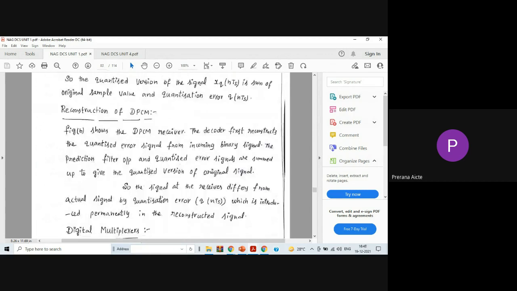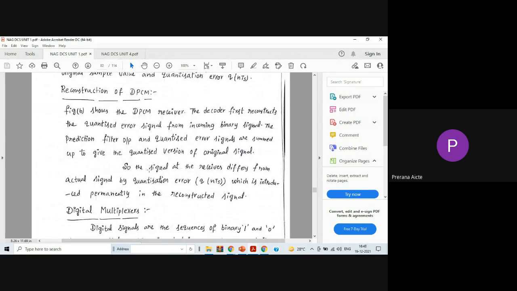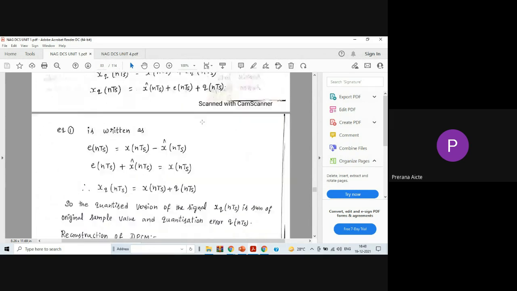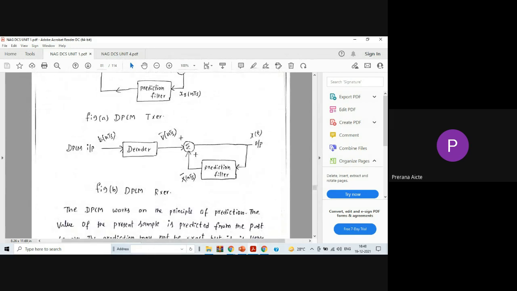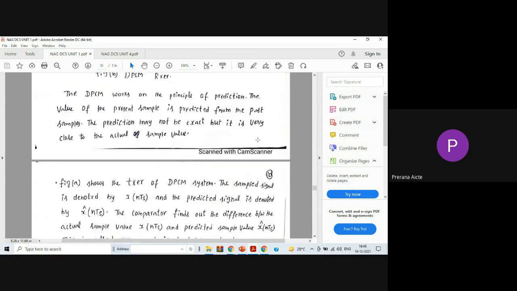Now see the DPCM receiver part. We give the input as binary data, that is ones and zeros, to the decoder. Then the decoder combines this binary data along with the prediction filter output, and we are able to retrieve the input message signal back.